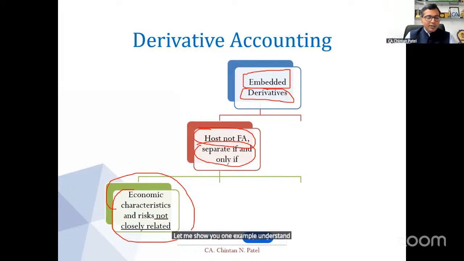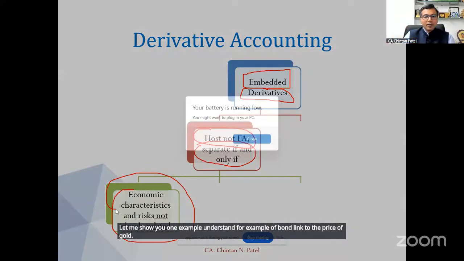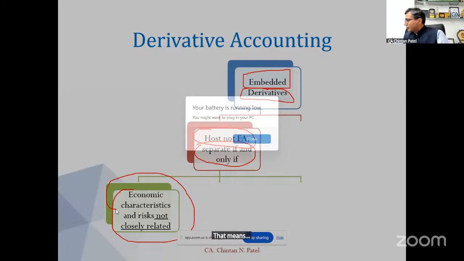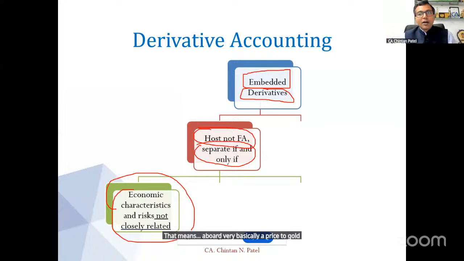For example, a bond linked to the price of gold. That means a bond where one contract is where I have to redeem or repay.